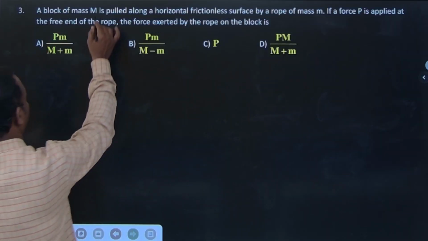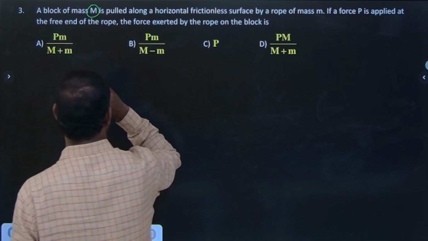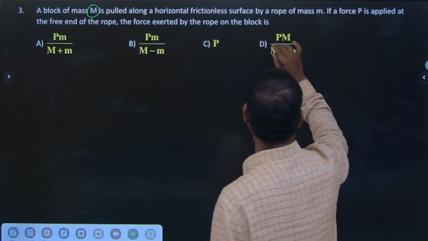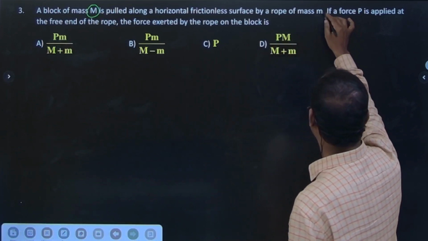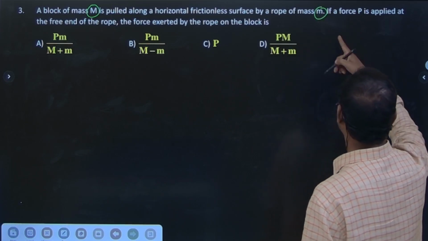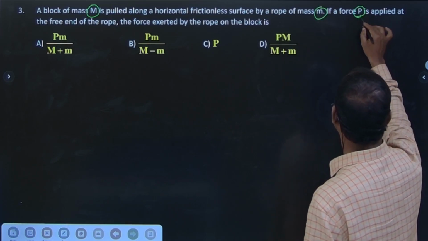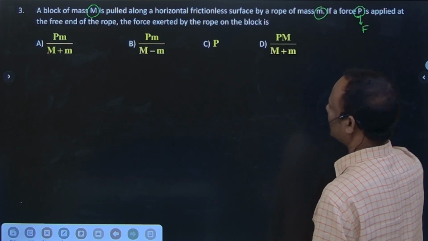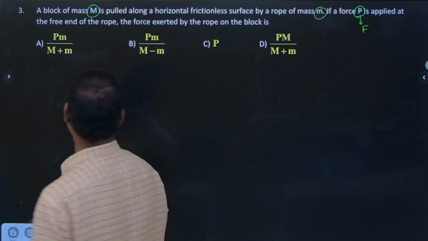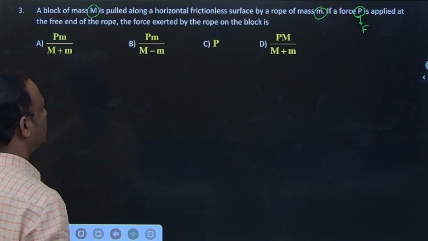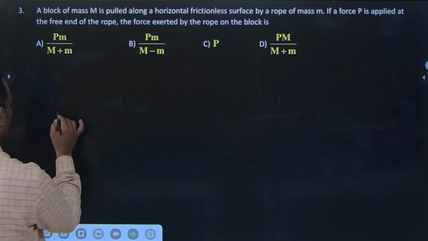A block of mass M is pulled along a horizontal frictionless surface by a rope of mass m. A force P is applied at the free end of the rope. Find the force exerted by the rope on the block.